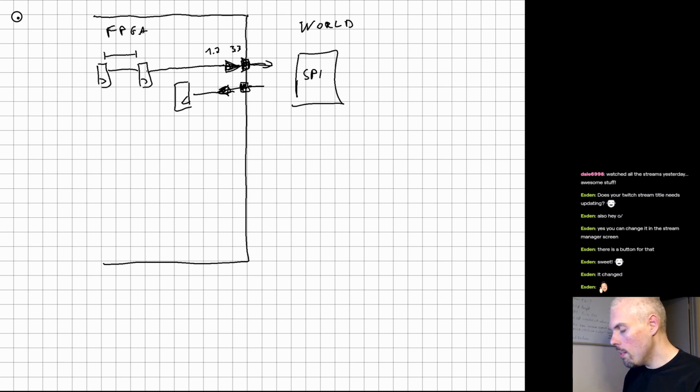The very slow, something like I2C, that's like 400 kilohertz. UART, you might get like a 1 megabaud UART. That's basically DC for the FPGA, right? UART is even asynchronous, so there's no clock. So at that point, you don't have to take too much care.